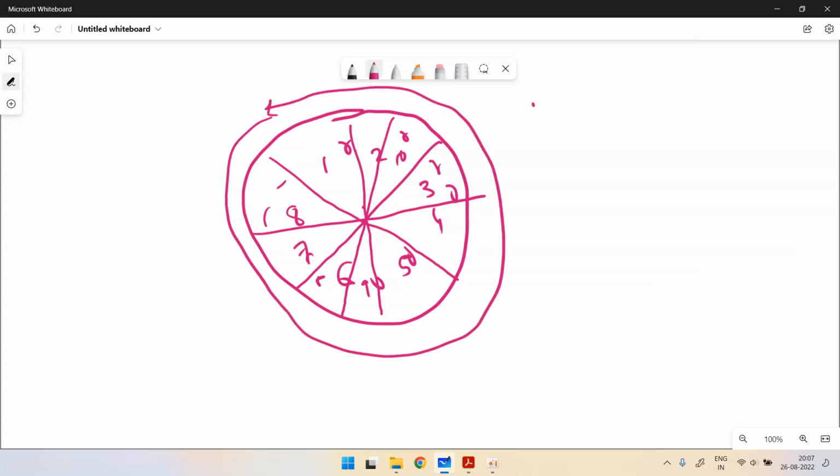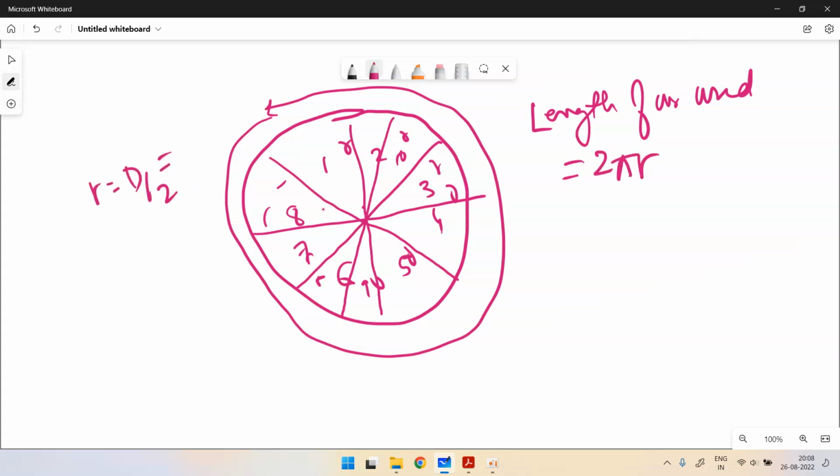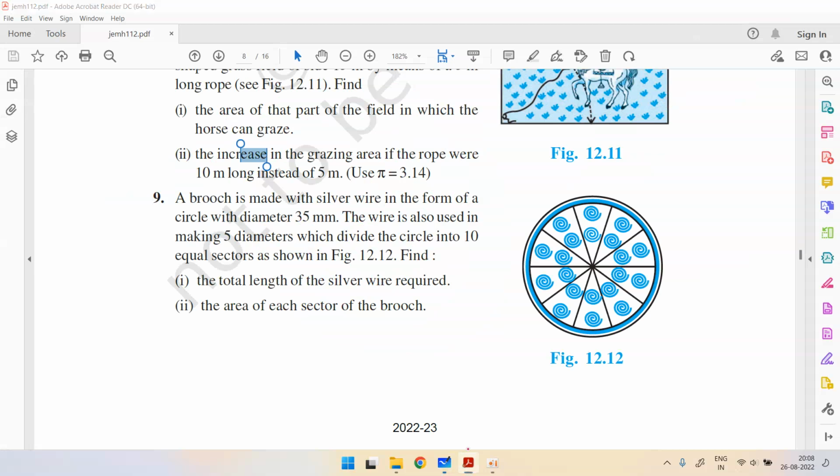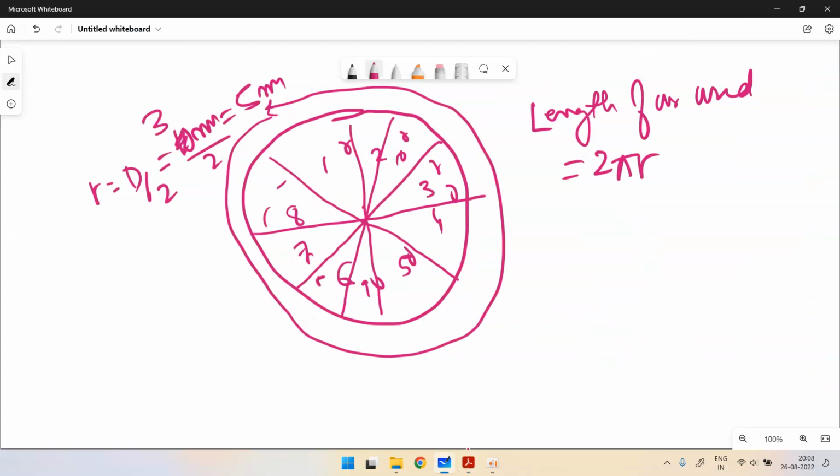So the length of wire used will be the circumference of the circle, that is 2 pi r. r is d by 2 and d is given as 35 mm. Sorry, 35 mm, so r is 17.5 mm. This is the radius. 2 pi r is the length of the circumference plus the length of the wires used for division.